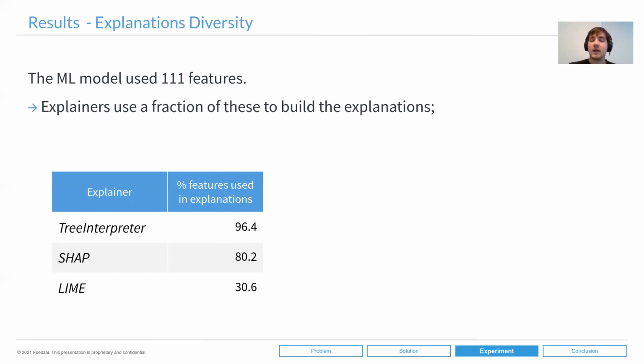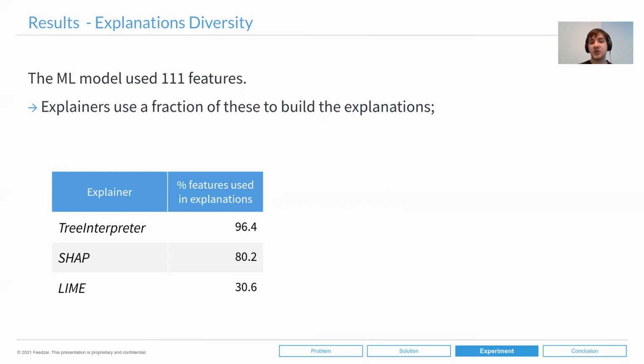We also made a small analysis on the explanations that we obtained for each explainer. For each explainer, we observed how many features from the original data set each explainer used. We observed that 3Interpreter was the one that created more diverse explanations.